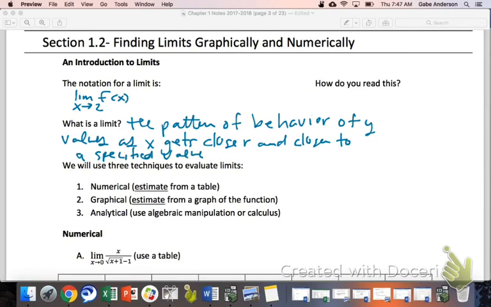You could say it the other way: as x gets closer and closer to some specified value, we're looking for the pattern of behavior of the y values. So in certain instances, just plugging in the 2 is going to work.